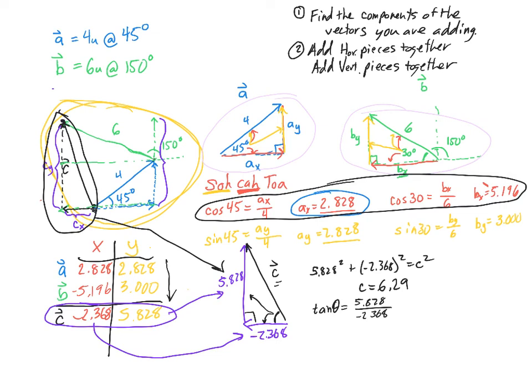Though in this triangle, the length of that is 2.368, so I'm not actually going to put a negative there, okay? The only reason why there's a negative there is because that's the direction, right? And the direction isn't going to be important for this angle right here. So I go 5.828 and 2.368, and I find the inverse tangent of that, 67.9.